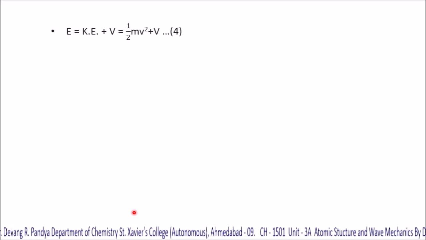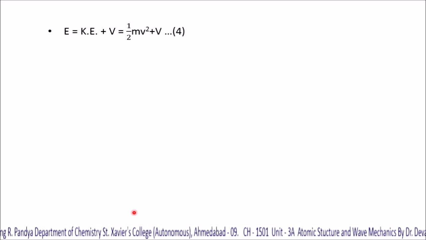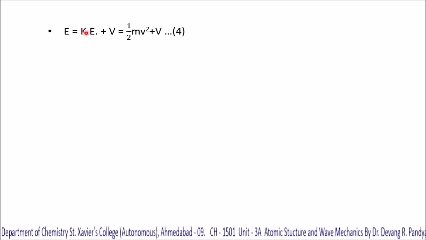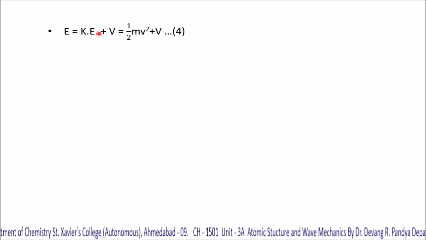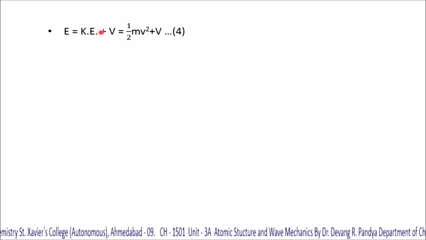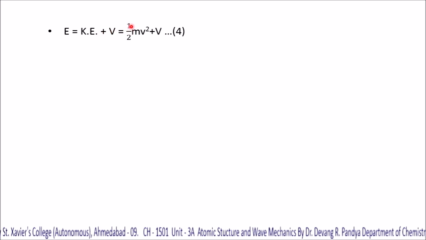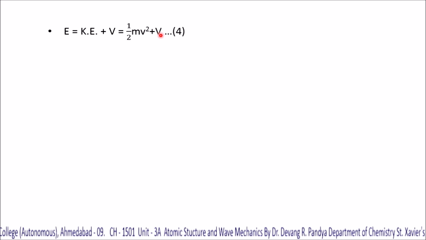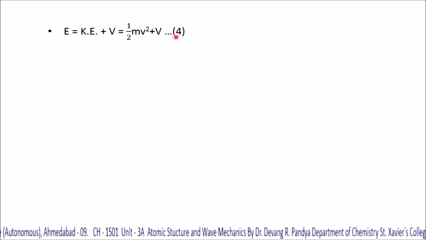We have seen in Bohr's theory that the total energy of an electron is the sum of kinetic energy and potential energy. Kinetic energy is represented as ½mv², plus potential energy, represented as V. You need to number this equation as 4.